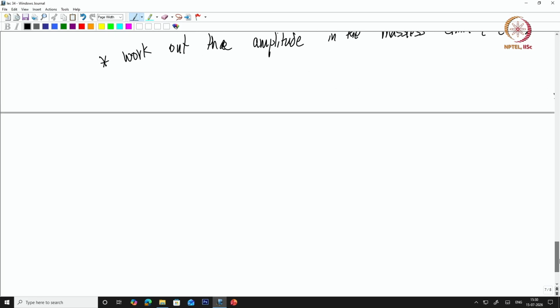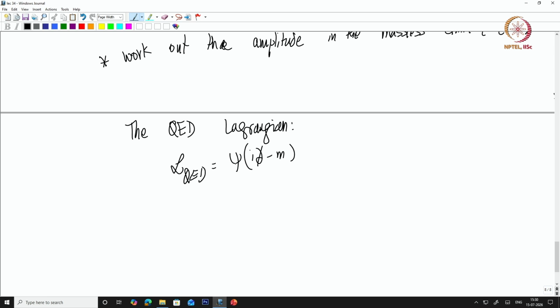Say, for example, let us look at the QED Lagrangian, L_QED. Now this has several things.